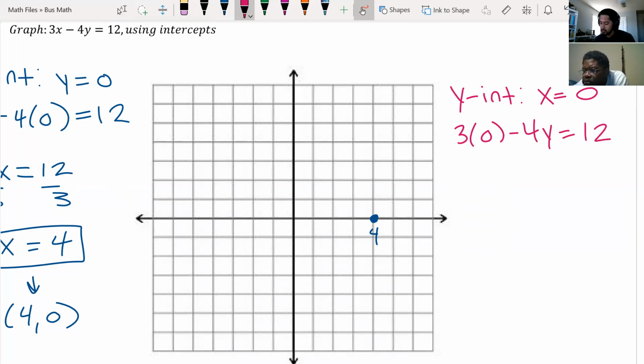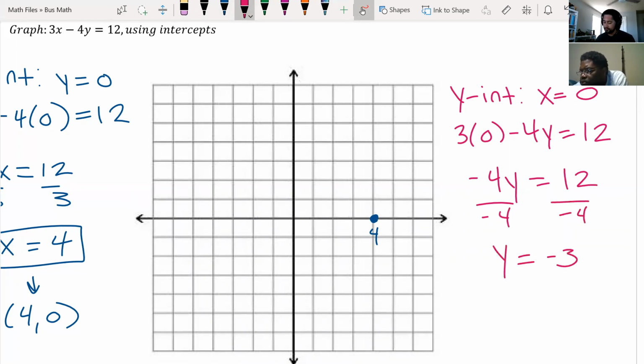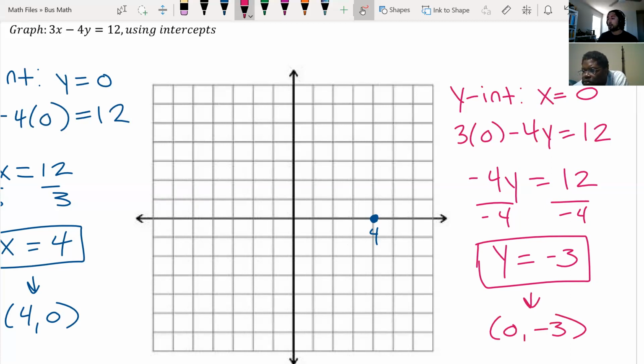You'll get negative 4y equal to 12. We divide by negative 4, and y equals negative 3. There's my y-intercept. Of course, we're going to put it as a coordinate. So this will become (0, -3).